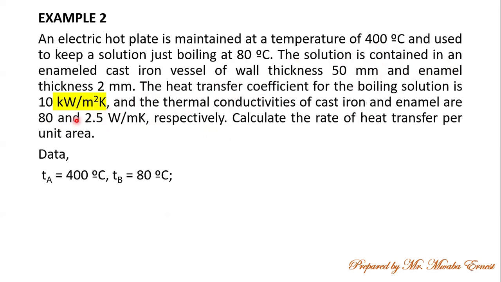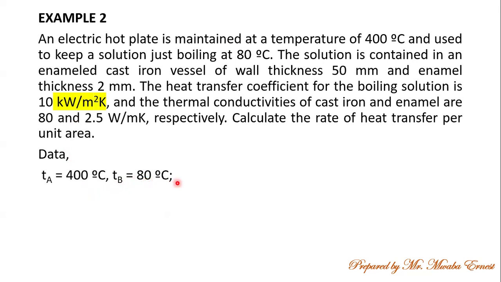Let's pick up the information. Temperature at A, which I can even call temperature 1, is actually 400 degrees Celsius. The temperature on the outside, or rather, this time things are flipped. We're going inside the boiling solution. It's 80 degrees Celsius.